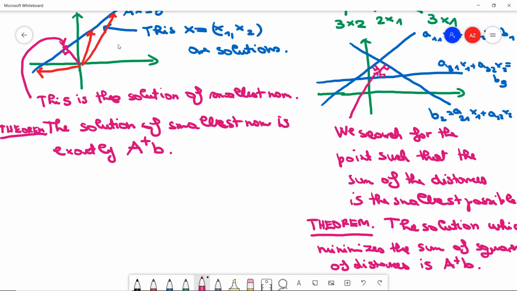And among all solutions, the solution of smallest norm is exactly A plus B. And on the other hand, the overdetermined system is usually not solvable, but the solution by the method of least squares is exactly A plus B. And let's try to prove those two theorems in the remaining part of this third hour. So we have 17 minutes to the end, and we will try to prove those two theorems.